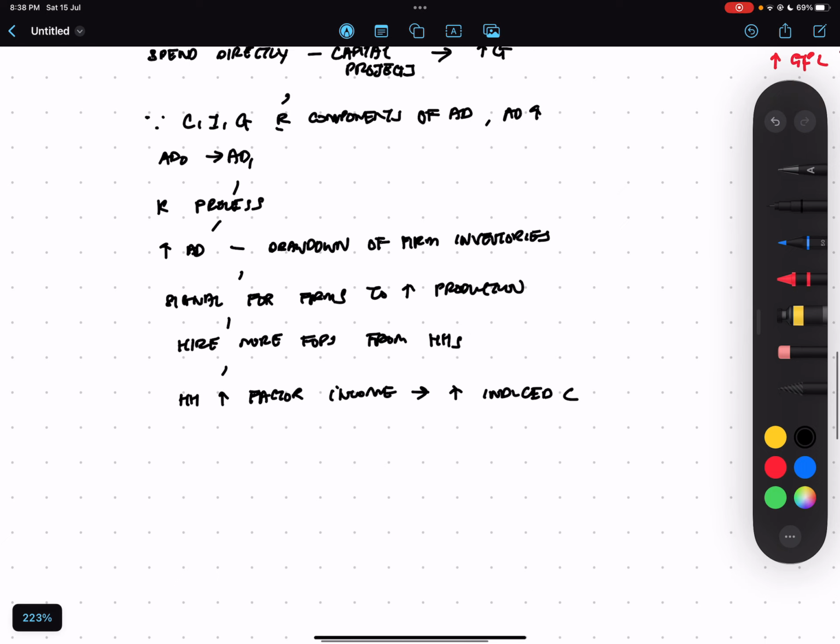Okay, so the rise in induced consumption creates income for other households who also increase their induced consumption. So you can see here, so I spend more, increases the income of my friend, he spends more, he increases the income of his friend, and so then there will be cycles of spending and respending.